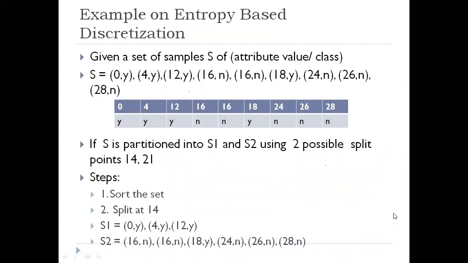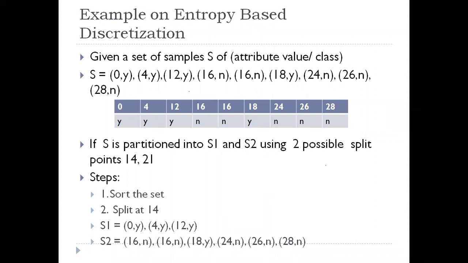Now we will take a simple example based on your entropy based discretization. If you have a pen and paper, please take it up and write down the values. Now, I am taking a set S where I have 9 data items in the entire set. Here it comprises the attribute and the value associated with the attribute.